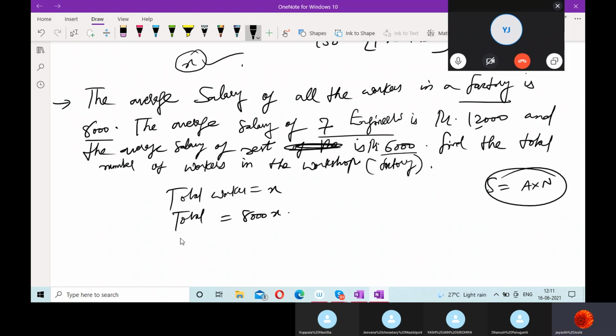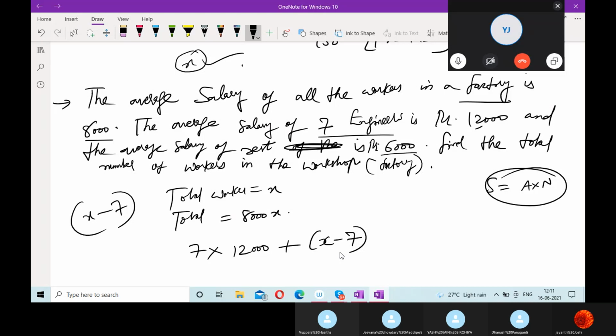So now we need to find out the total number of workers, correct? So that we can do very easily. 7 engineers are getting 12,000 each, and the total number of workers is X. So if I remove 7 workers, I get the leftover workers, correct? So X minus 7 is the leftover workers.